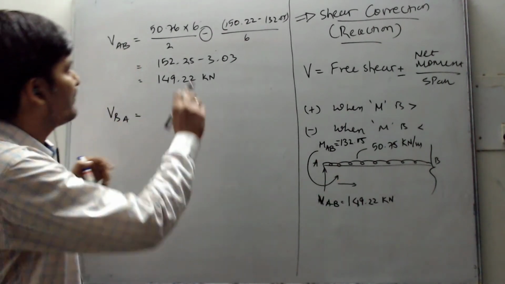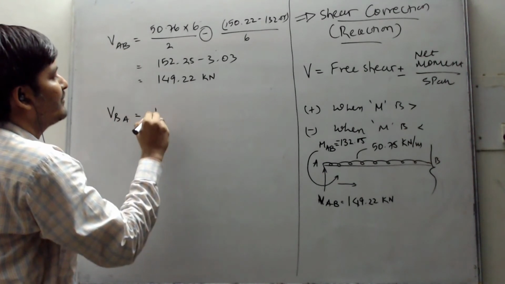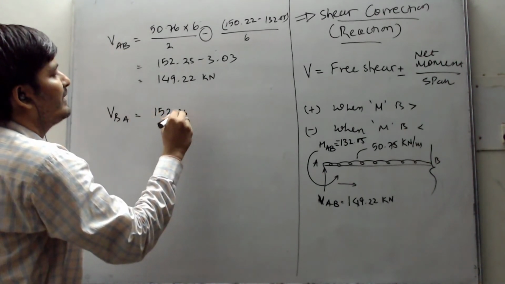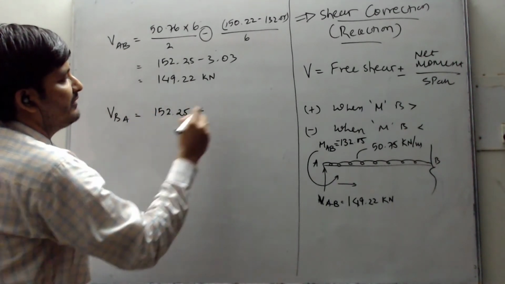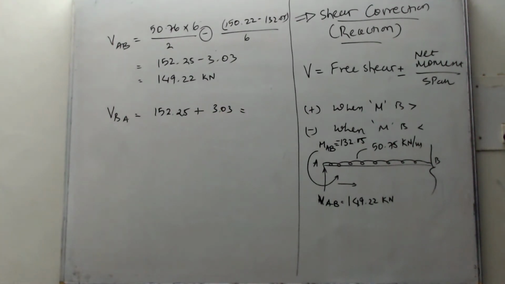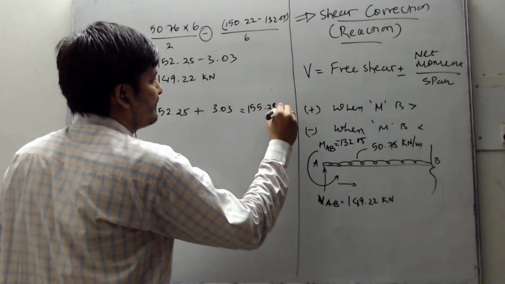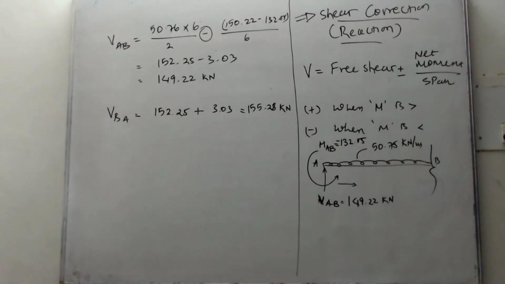This formula will remain same, only the plus sign will be there. So 152.25 will remain as it is, here there will be plus and 3.03 will remain as it is. So this value will be 155.28 kilonewton, my value for VBA.